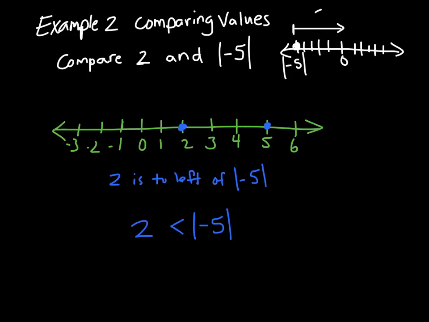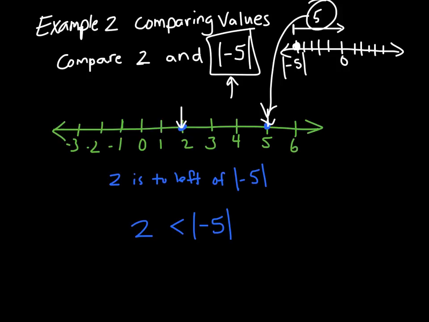And it would be 5, positive 5. So we took that positive 5 and we graphed it. That's what we're comparing. We're not comparing negative 5 and 2. We're comparing the absolute value of negative 5, which happens to be 5. So you have to solve this first and then put them on the number line to compare them. So this one can be a little tricky, but you got to follow those steps.